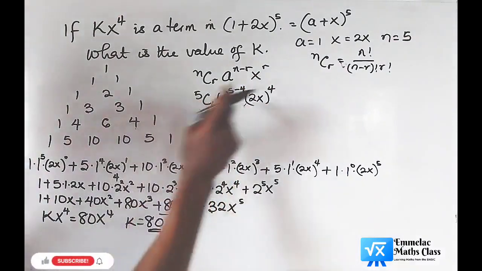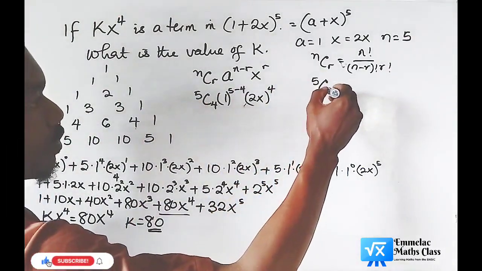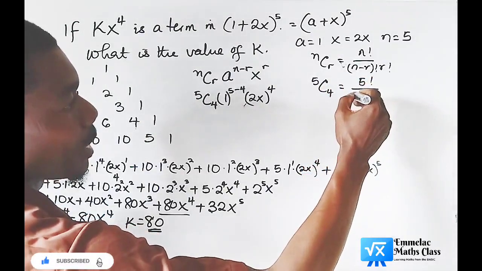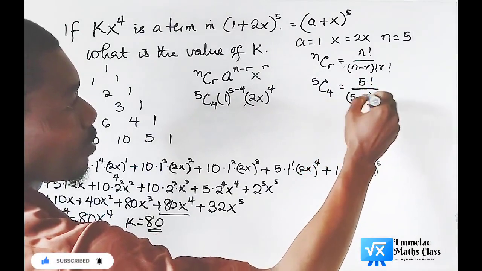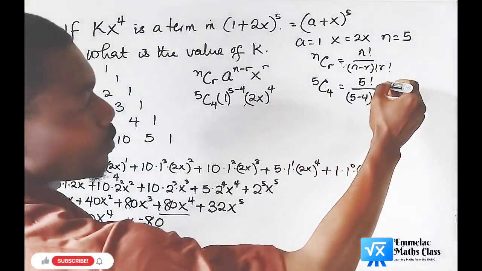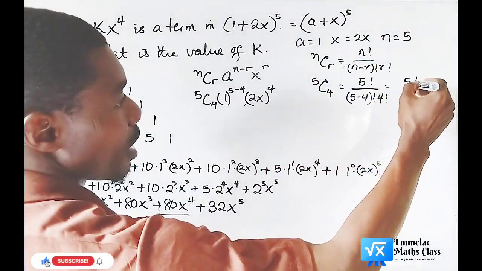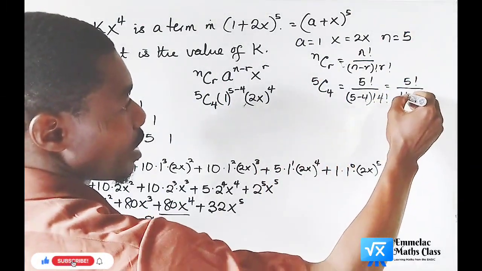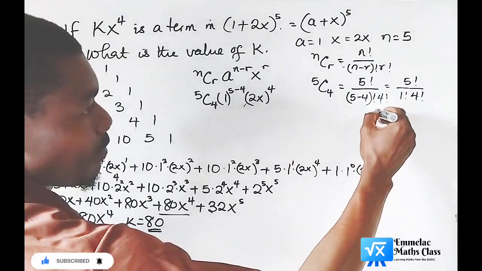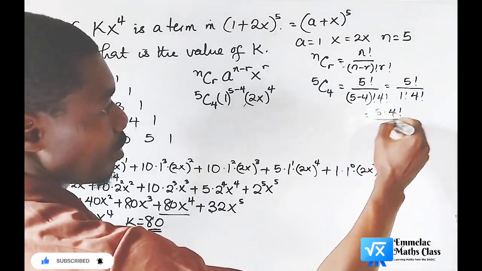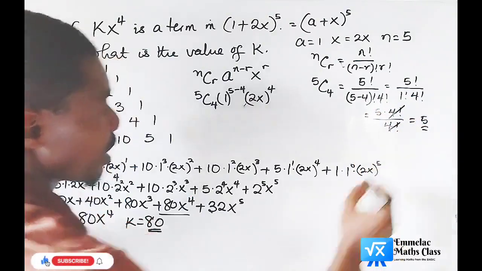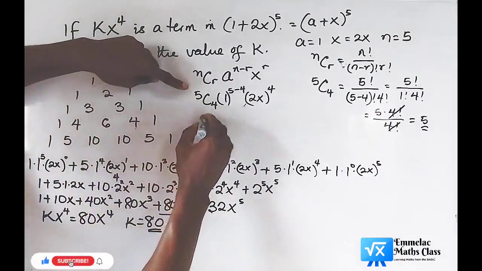Okay, now for 5 combination 4, which will give us 5 factorial over 5 minus 4 factorial, 4 factorial, and this is according to this rule or law. So it should give us 5 factorial all over 1 factorial 4 factorial, which can be simplified as 5 times 4 factorial all over 4 factorial. Now when we eliminate this, we arrive at what?